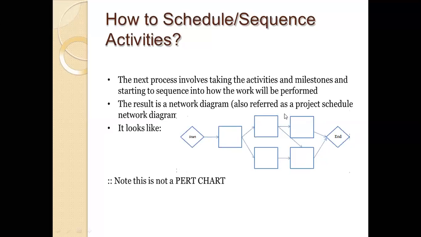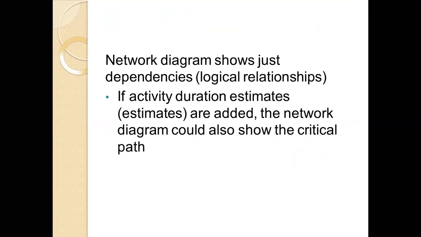The next process involves taking the activities and milestones and starting to sequence how the work will be performed. You need to sequence all the activities. The result is the network diagram, also referred to as the project schedule network diagram. It looks like this. This is not a PERT chart. A network diagram shows just dependencies.